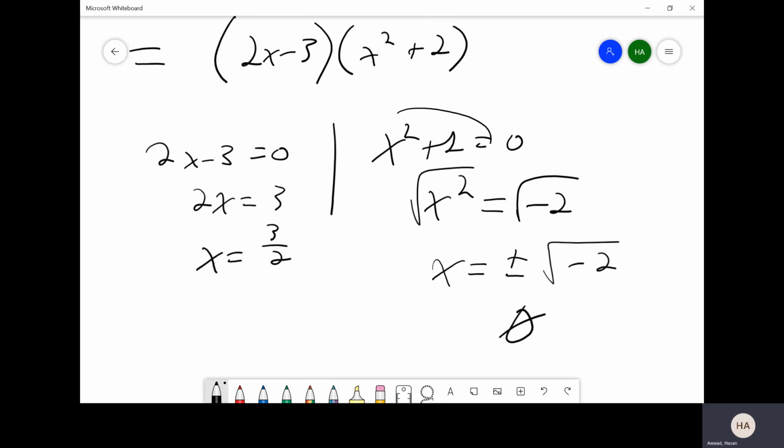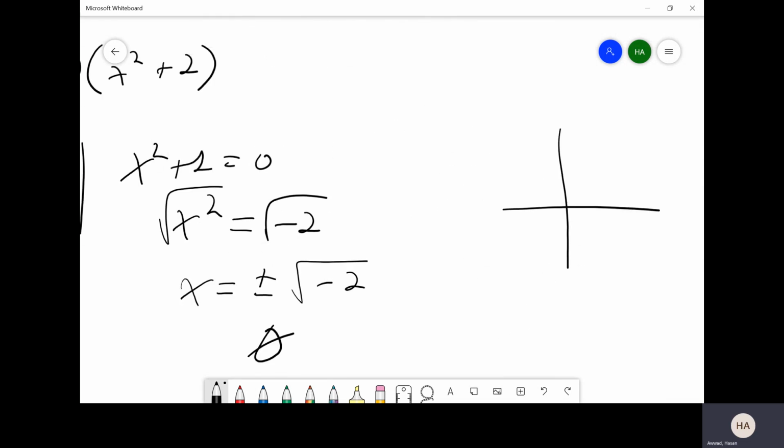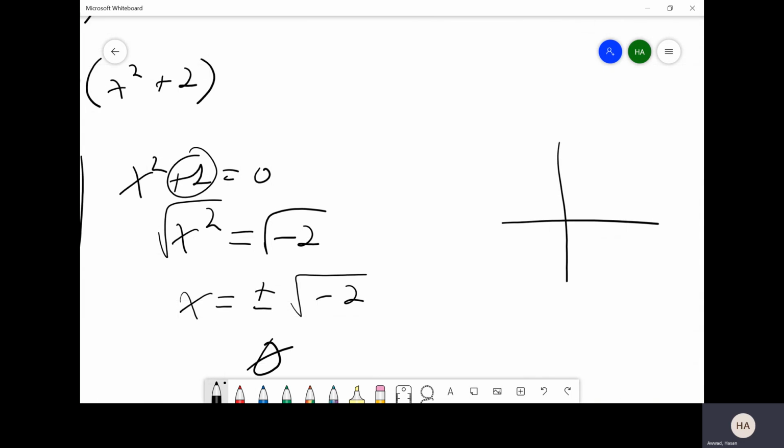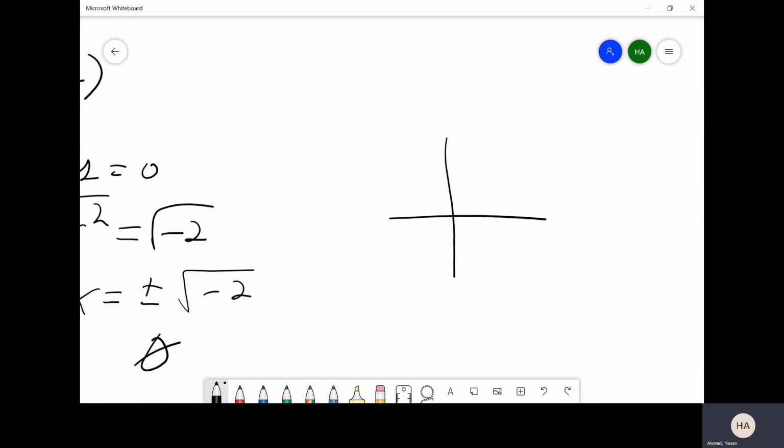What this tells you, if you were just to graph x squared plus 2, well, x squared plus 2 is going to be a parabola, and it's going to be 2 units up, right? The 2 tells you that you're moving 2 units upwards on the y-axis. So we know that we're going to be looking at something like this. That was a horrible sketch.